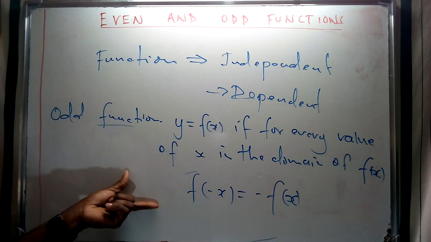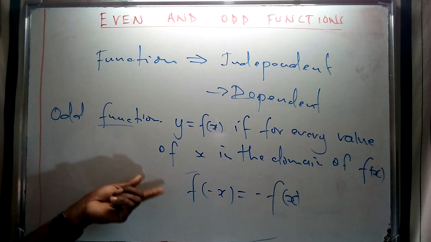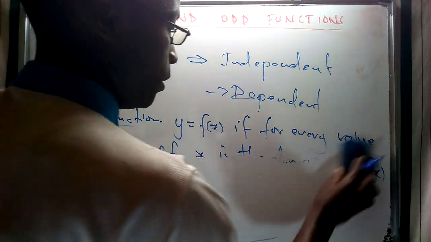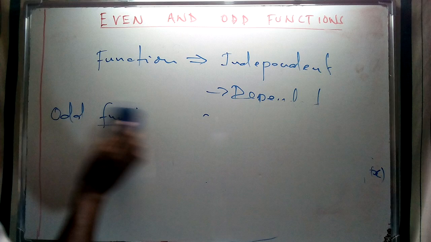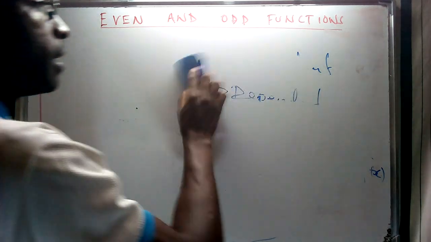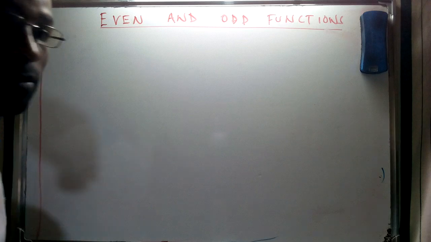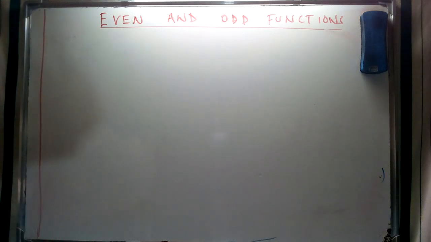So this creates a distinct feature between even and odd functions respectively. What I've just mentioned is an algebraic way in which we can distinguish between even and odd functions.